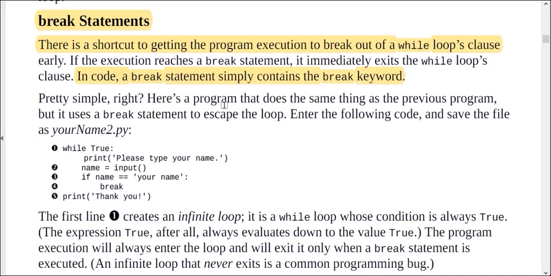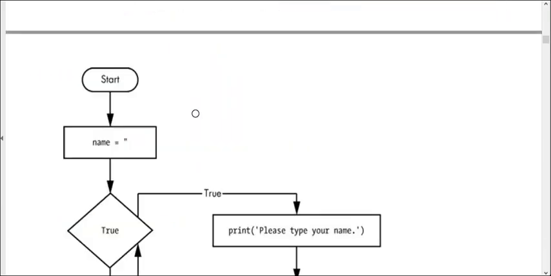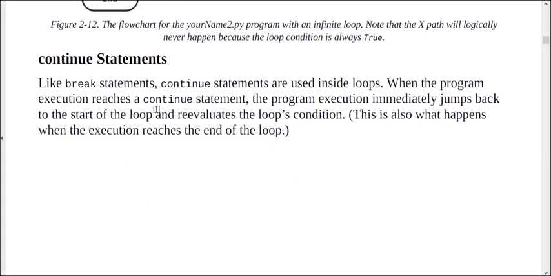So as soon as the user provides the correct input, then the execution goes out of the loop and the program is ended with the help of the break keyword. In the same way, we have the continue statements. The continue statements are similar to the break statements, but the difference is that the break statement is used to get out of a while loop, but the continue statement is used to go to the start of the while loop and check the condition once again and then run the code once more.